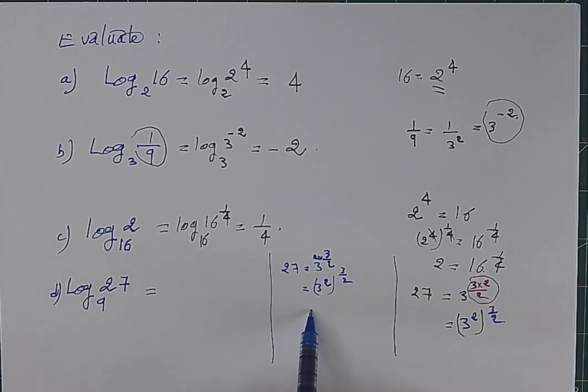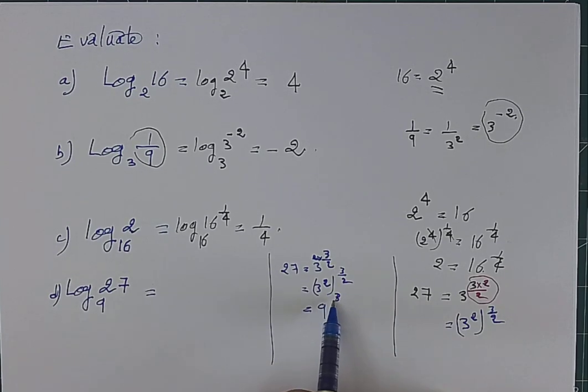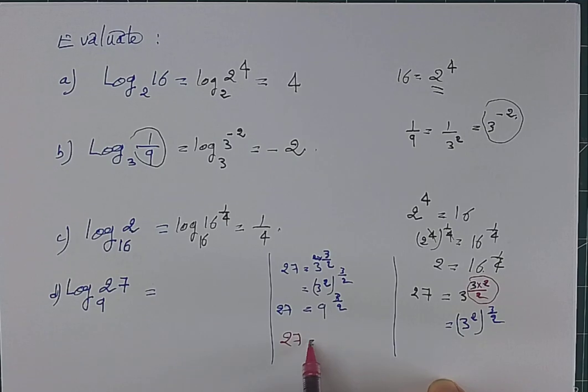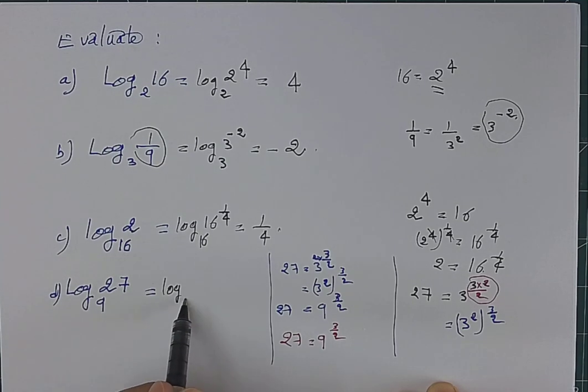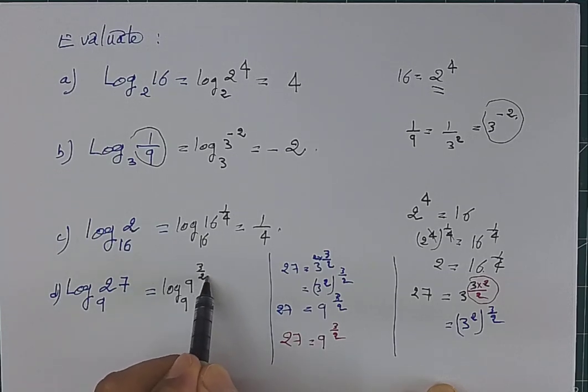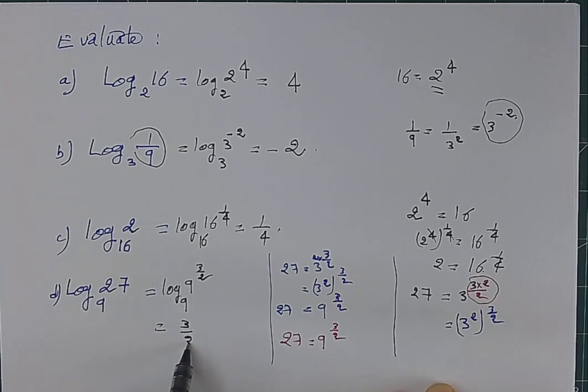But 3 squared equals 9, so 27 equals 9 to the exponent 3 over 2. So I can change log 27 base 9, keeping log base 9, but instead of writing 27, I write 9 to the exponent 3 over 2. So the value of this logarithm equals 3 over 2.